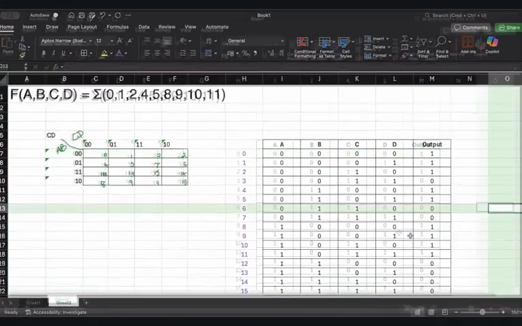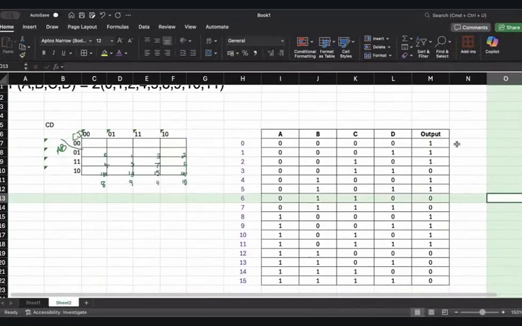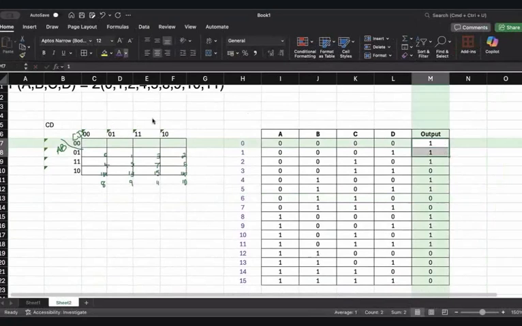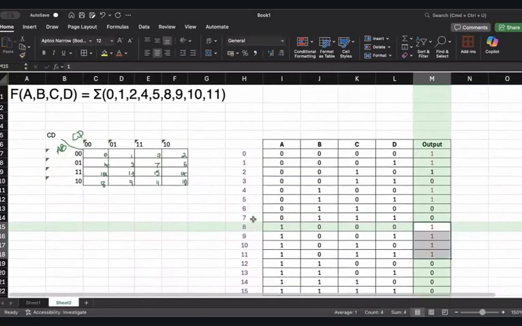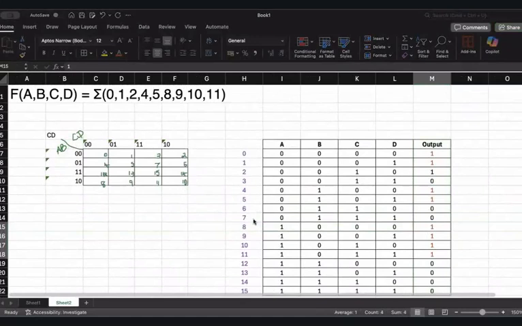You can have a look. Now, what you have to do is, for these values, you need to mark a 1 in the K-map. So how to do it? Simply, the places where you have 0, 0, 0, 0, you just mark. From the truth table, you know how to plot a K-map, no?